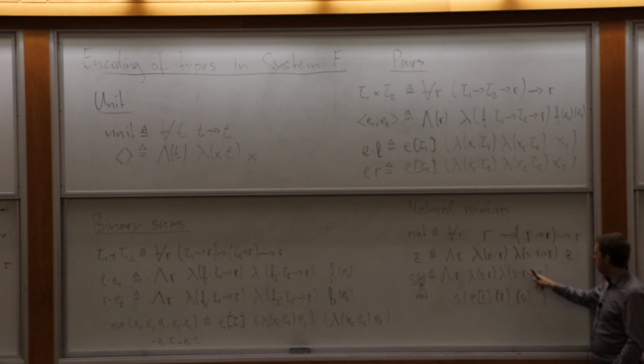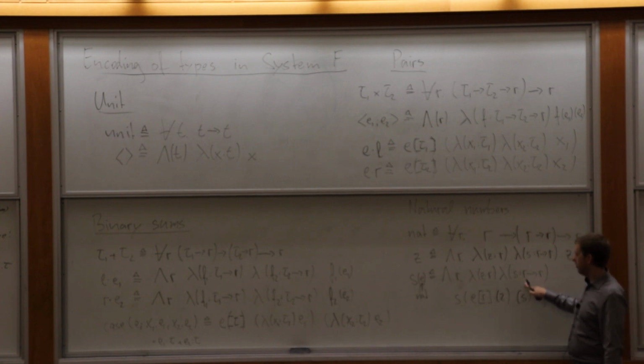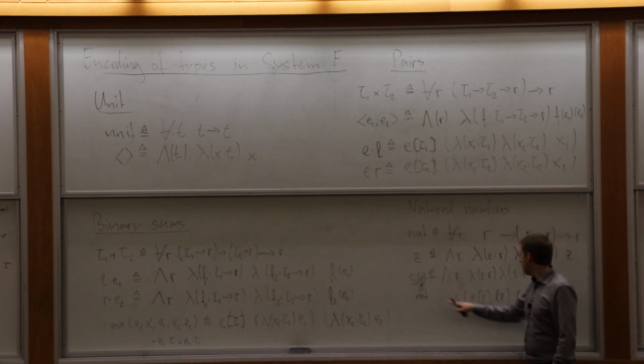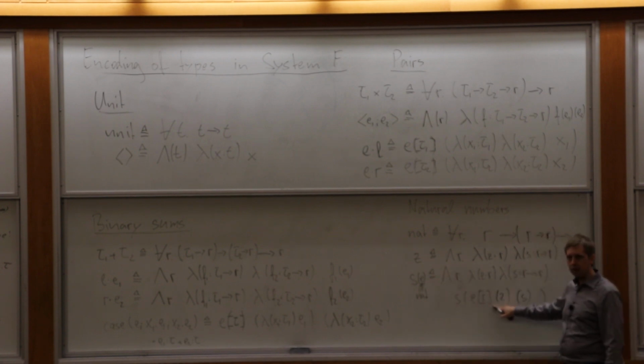And then what goes on here is, if the natural number you do the iteration on happens to be 0, you just run the base case, which is maybe the empty list. And if it's not 0, you take the predecessor and call it with the same base case and the same iterator.